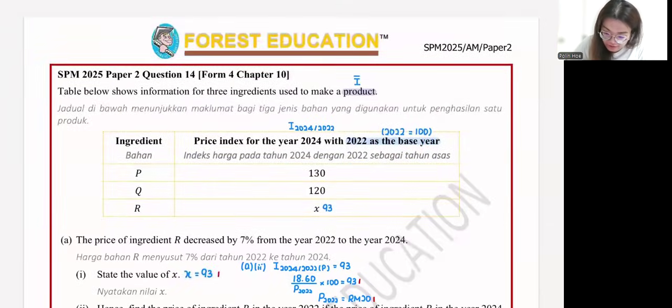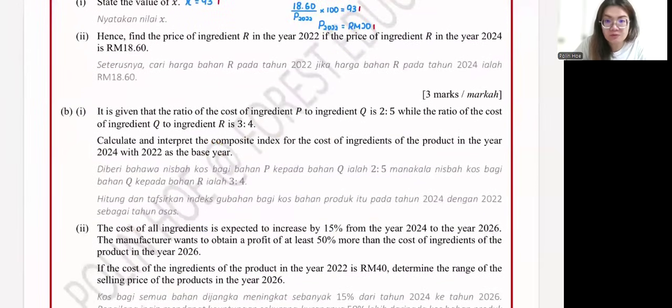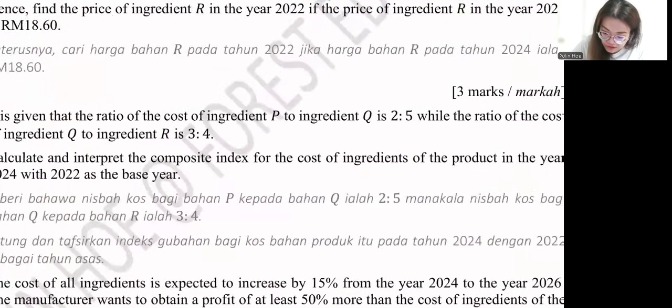Don't use any color that you have used just now. P is 2. Q is 5. However, Q is 3. R is 4. When Q compared with P, the ratio is 5. When Q compared with R, the ratio is 4.